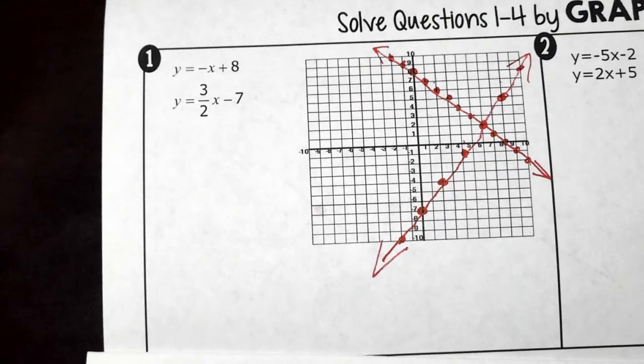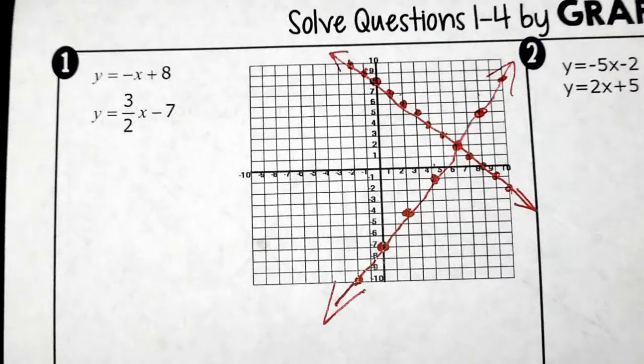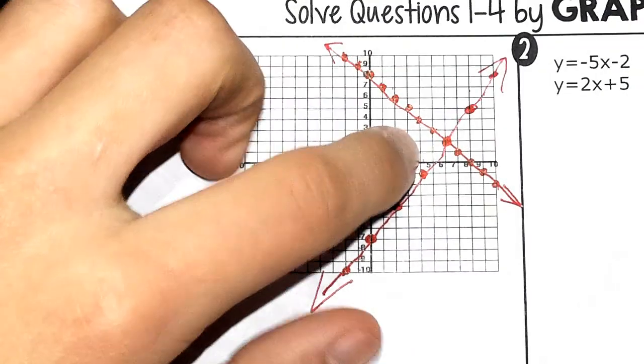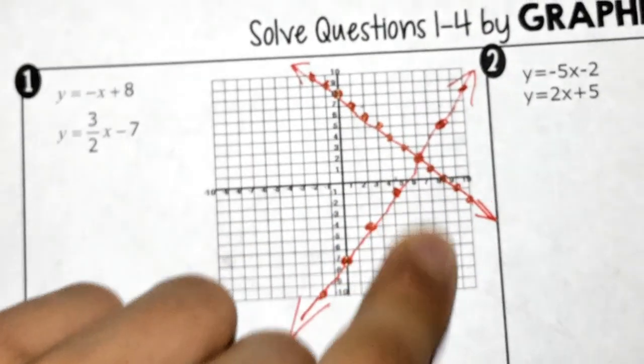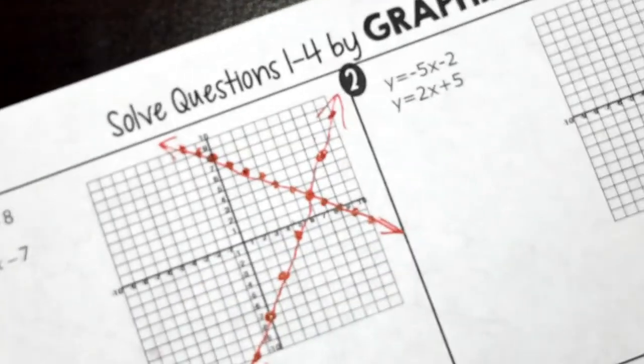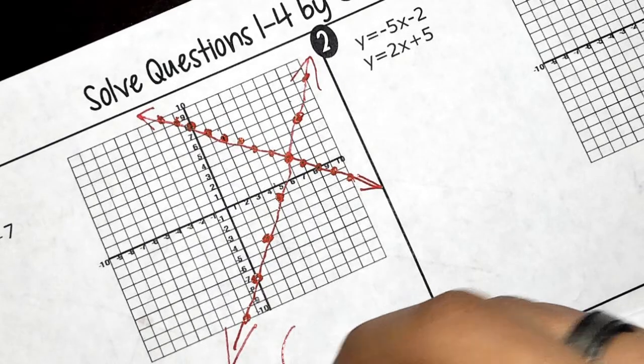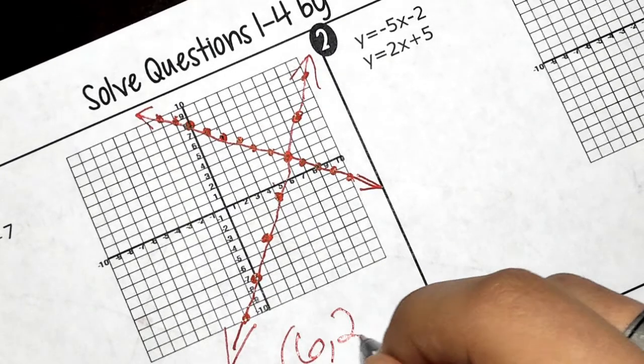So anyway, as you can see right there, it's at -6, 2. So that would be my intersecting.